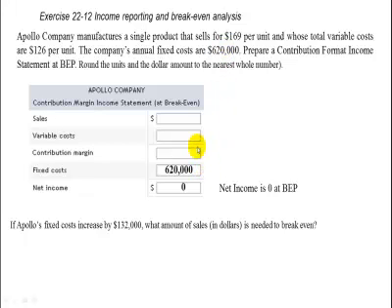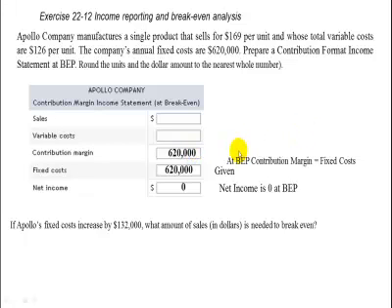If fixed costs are $620,000 and net income is 0, then contribution margin has to be the same as fixed costs whenever we're at the break-even point. So at the break-even point, contribution margin equals fixed cost, or in this case, contribution margin will be $620,000.